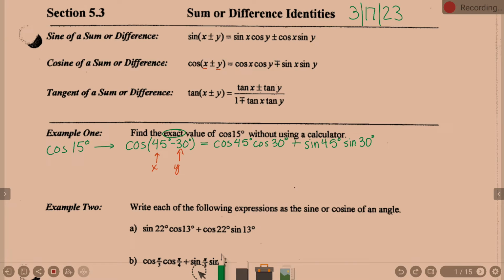And now, we don't plug this into our calculator. We get the values from our chart, yes? Do we know the cosine of 45 degrees? Let me rephrase that. What is the cosine of 45 degrees?